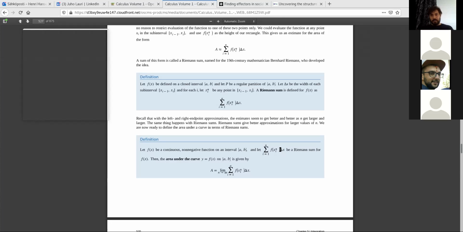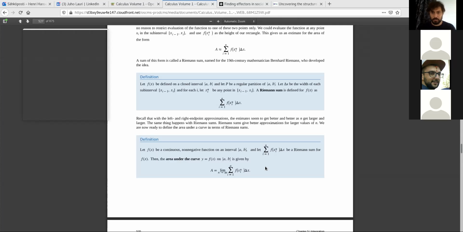In other words, this delta x goes to 0. So this is called the Riemann sum, and the area A is exactly the limit as n goes to infinity of the sum, i from 1 to n, of f of xi star delta x. It doesn't matter which xi star we use in the interval, because at the limit they will be so close to one another.